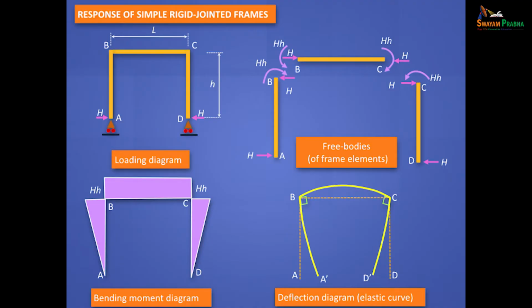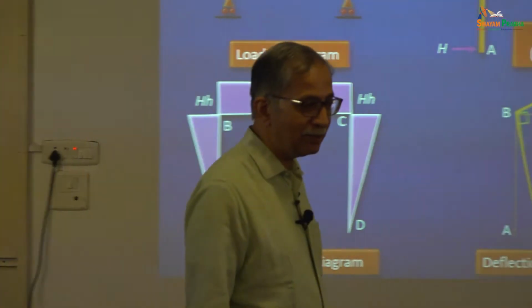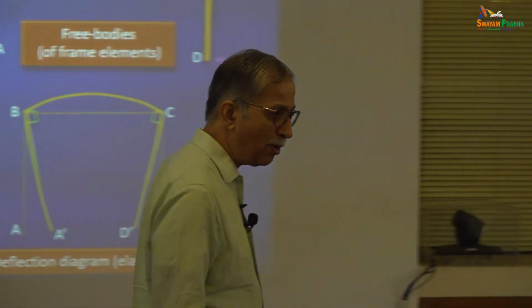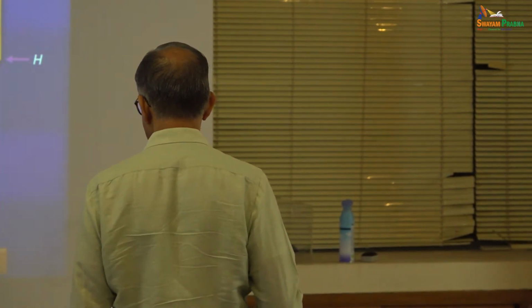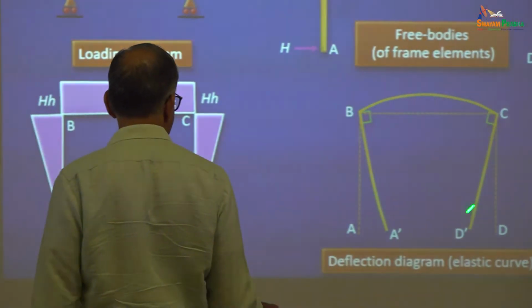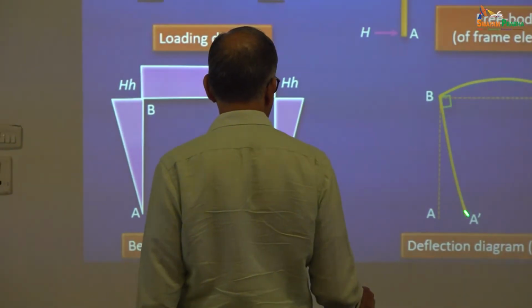But look at this bending moment diagram. You must learn to draw these diagrams. This is the deflection diagram. The deflection diagram is something that you use your right brain to draw. You notice that this is going to bend like this. Okay, it should be curved.